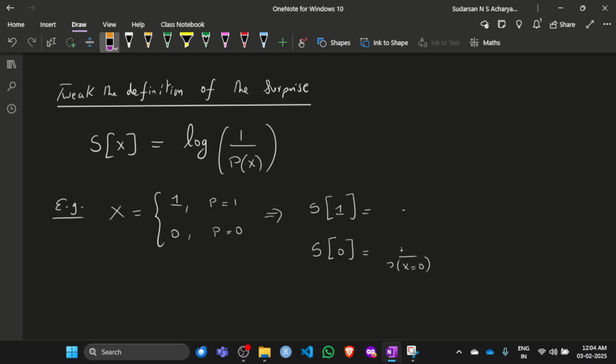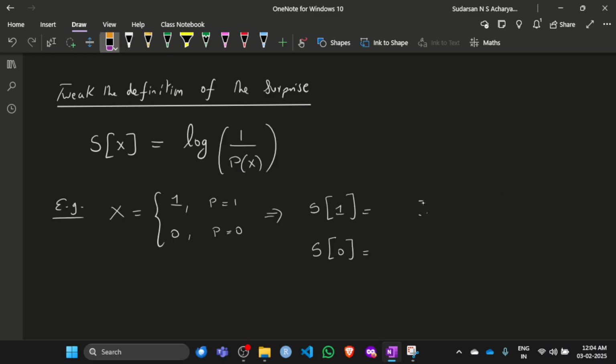So let's just write this as the surprise associated with the coin showing up heads is equal to 1 over the logarithm of the probability that the coin shows up heads, which will be 1 over the log of 1. My bad. So it's log outside here. So let me just write it clearly.